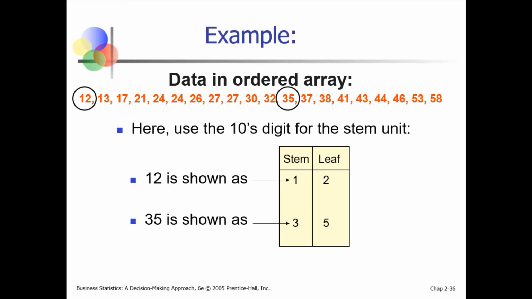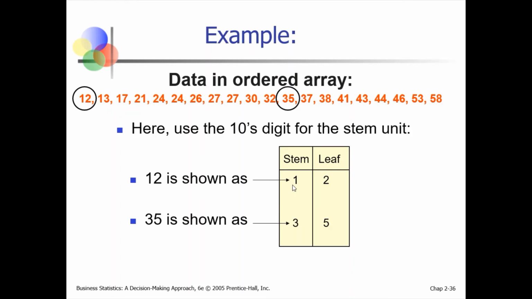So here, for example, we have this type of dataset. It groups the stems that are 1. And according to the definition, the stem is the leading digit.